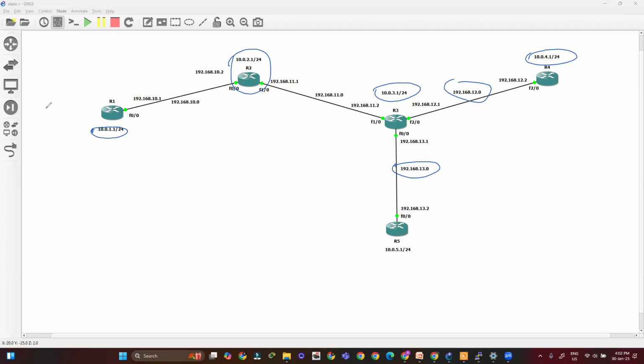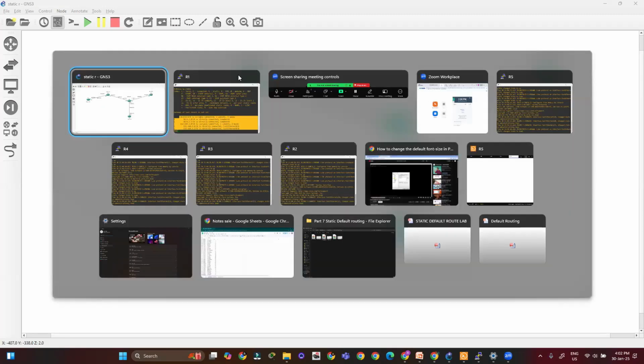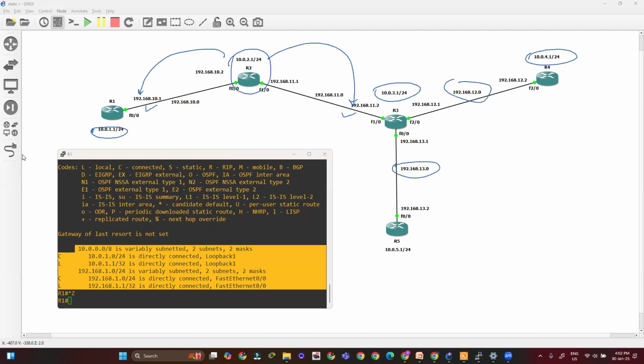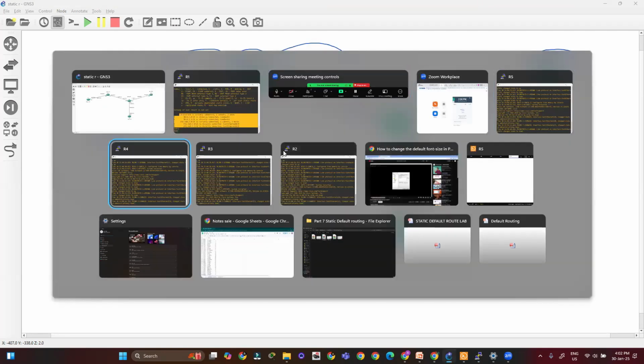But if you observe, for the left side network this one is the next hop address, and for the right side network this one is the next hop address. So we have to mention the next hop address also. Now let's go to router number two and provide the information.